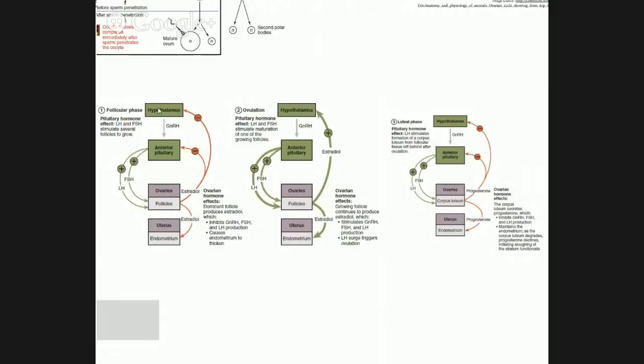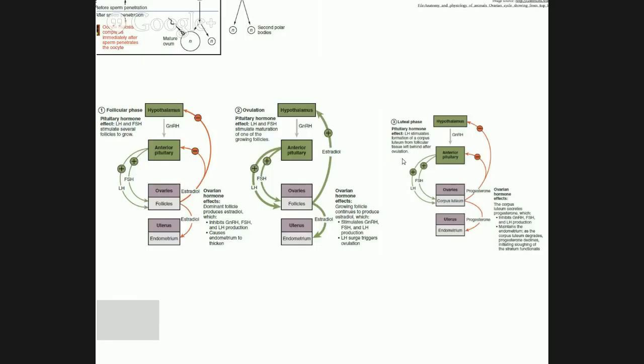So the hypothalamus is in charge of everything, releases this signal that sets off the 28-day cycle. The anterior pituitary releases these two hormones, which stimulate the ovaries to do what they're supposed to do. And coming from the ovaries, estradiol, which is one of the estrogen hormones, will have an influence on the uterus.